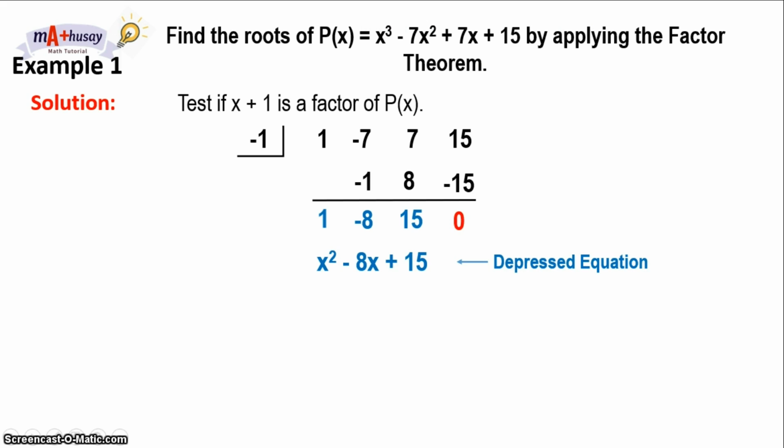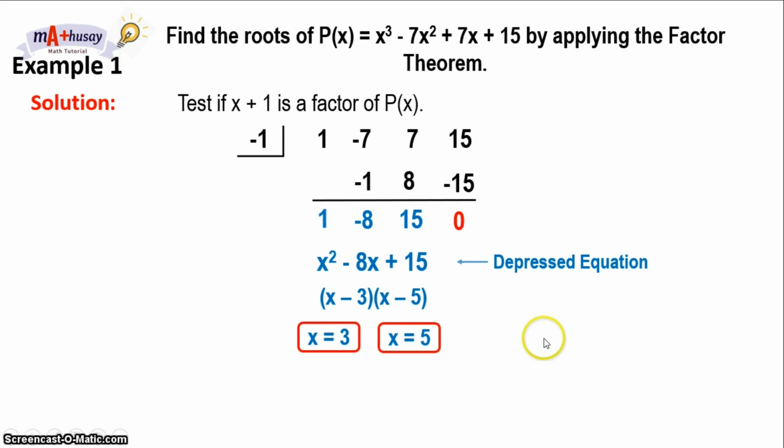So, we have to factor this depressed equation, x squared minus 8x plus 15. The factors of this are x minus 3 times the quantity x minus 5. Applying the zero product property, the values of x are the following: x is equal to 3 and x is equal to 5.